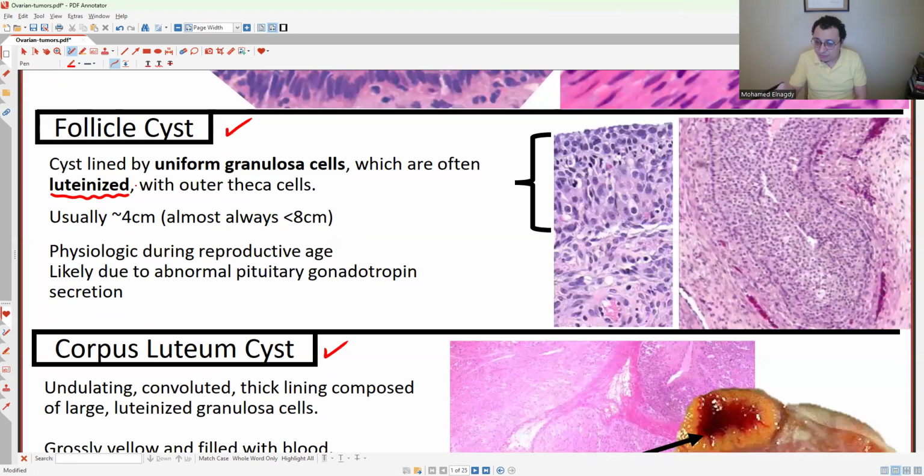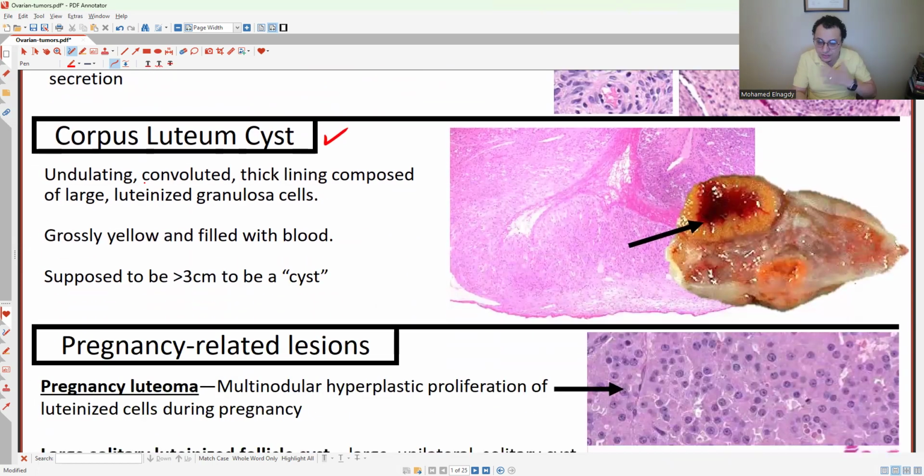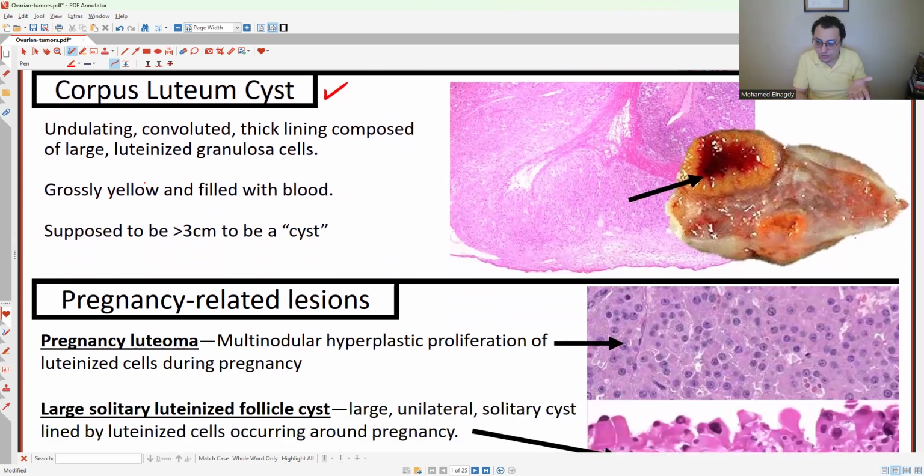Luteinized cells means you have cells which look like they have some kind of progesterone or LH effect on them. It depends. Some attendings, you call it follicular cyst, you call it corpus luteum cyst, you don't care. But my attending, Dr. Han, she's the GYN pathologist, as I told you, in our department.